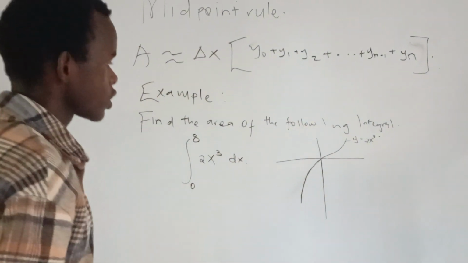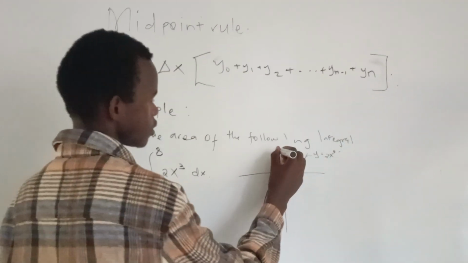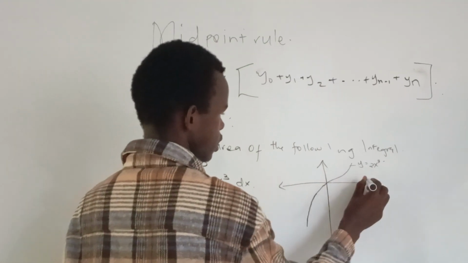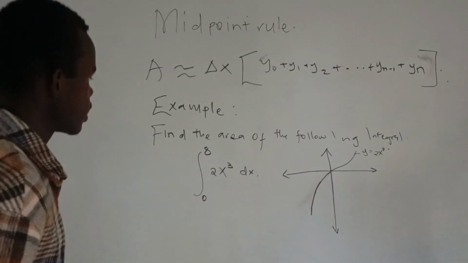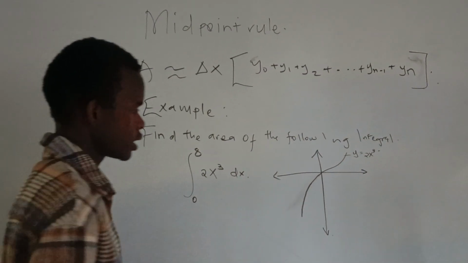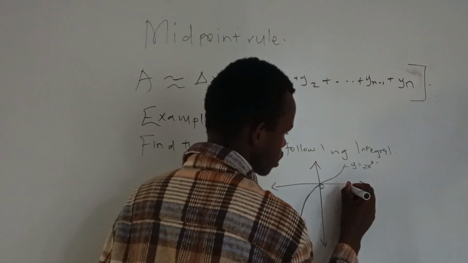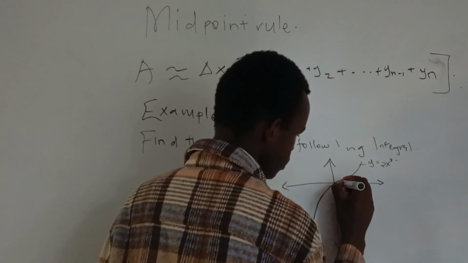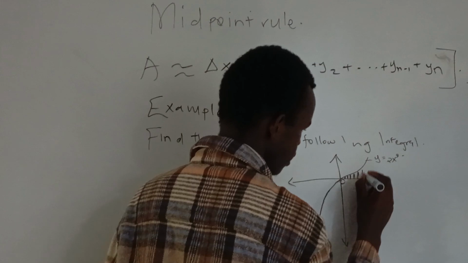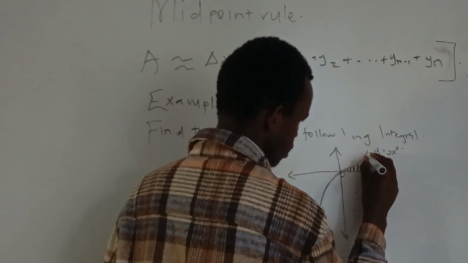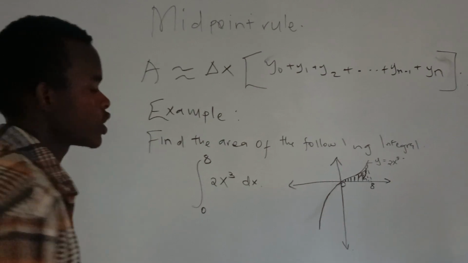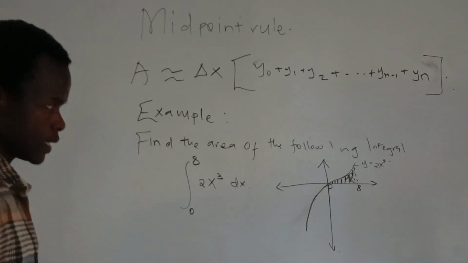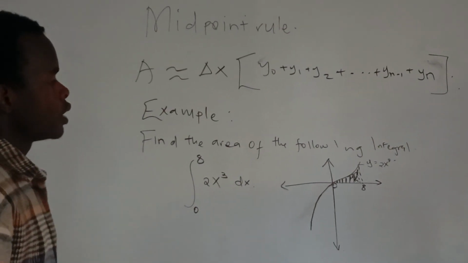This is the y-axis, this is the x-axis. We're trying to find the area. The bound is from 0 to 8. So we'll just find the area under this curve. The shaded region is the area we require.